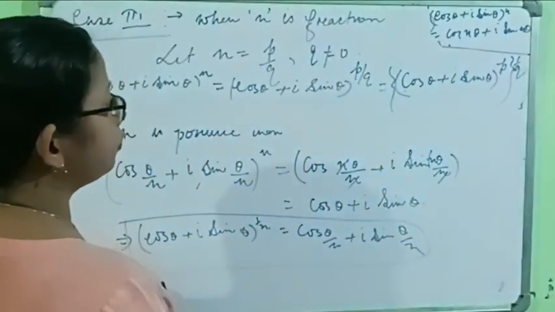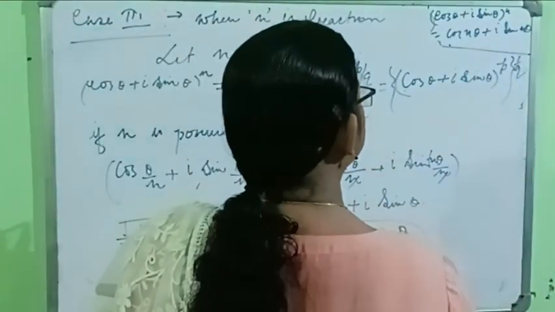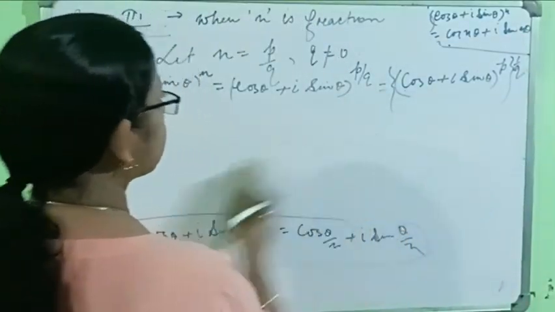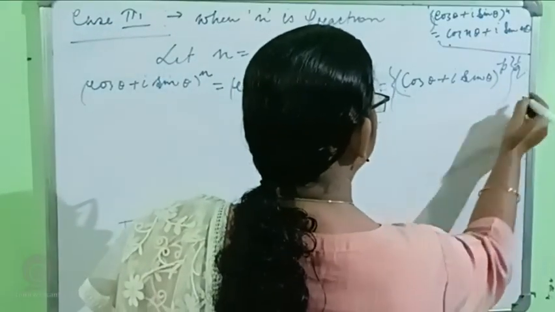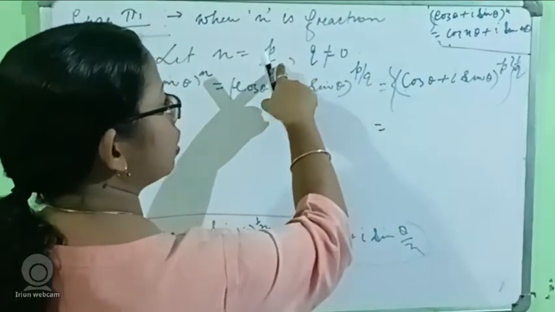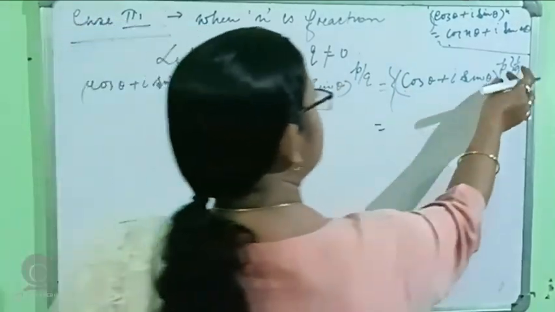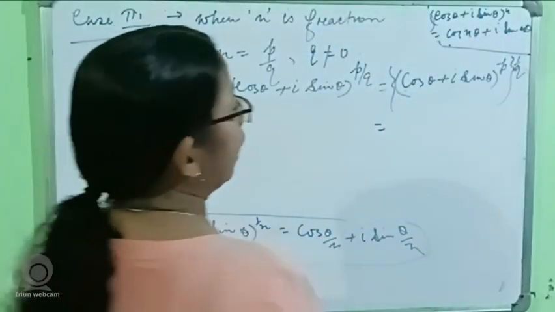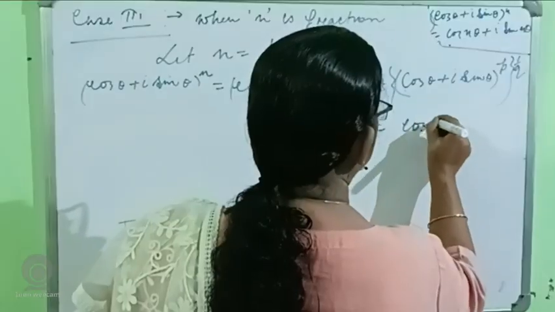Now by the first case, I can write this when p is positive or negative. P is either positive or negative, so from cases 1 and 2 I can write this value.